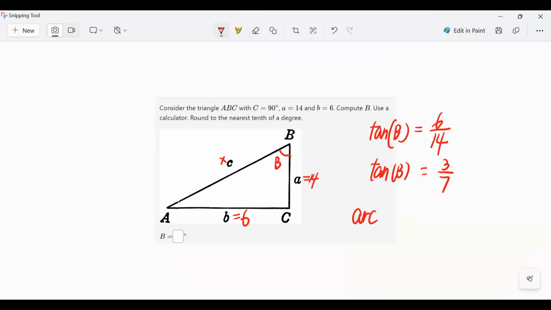So angle B equals arctangent of 3 over 7. Then I will just put it into the calculator and get the result.